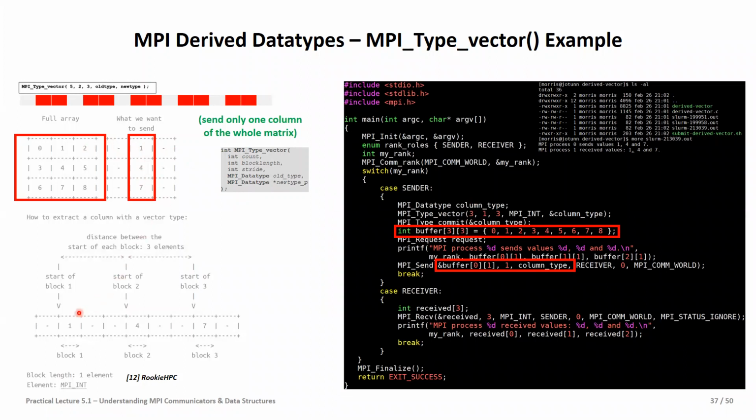But the interesting thing is when you look at how it is put on the array, you need a stride of 3 in order to say what the start of the new block to send is, right? So when I have a block of 1 and I send this, I combine it with a stride of 3, again 1 block, and stride 3, again 1 block. And 3 of them I do, and with this I already have the 1, 4, and 7 I require.